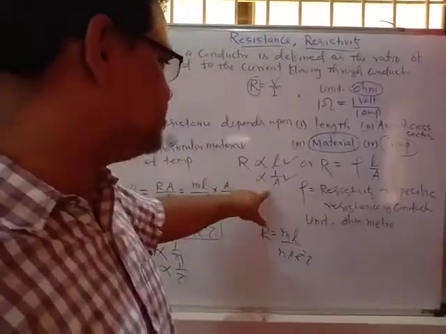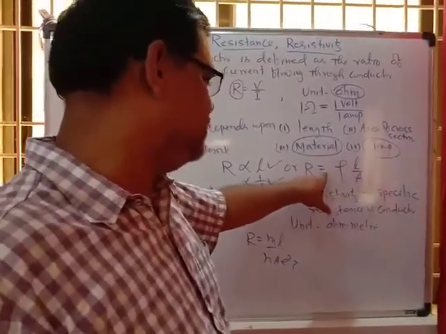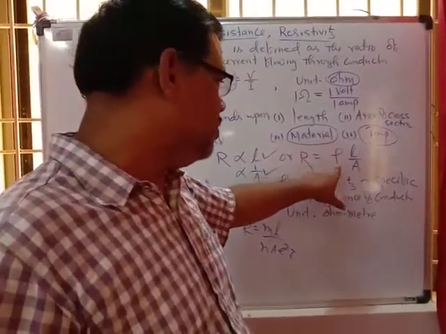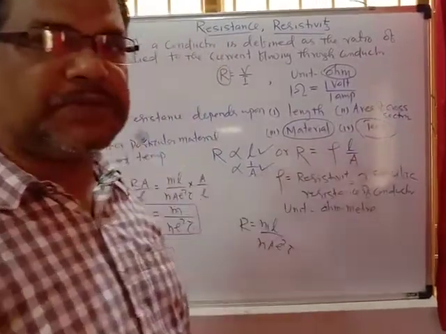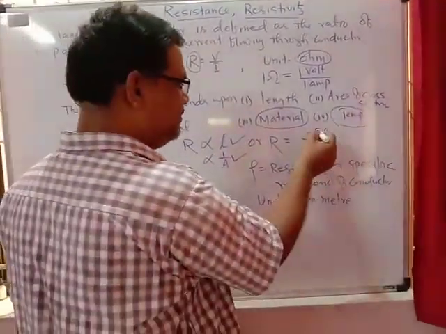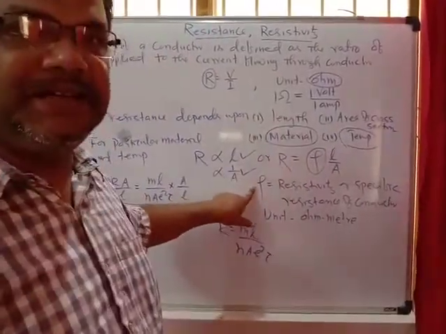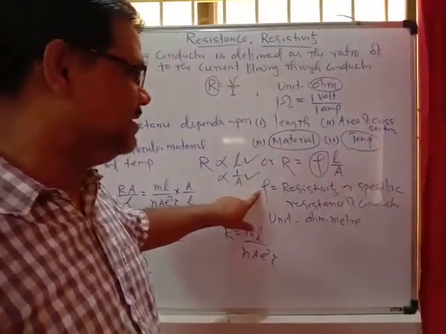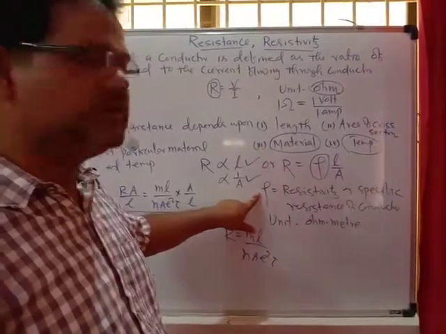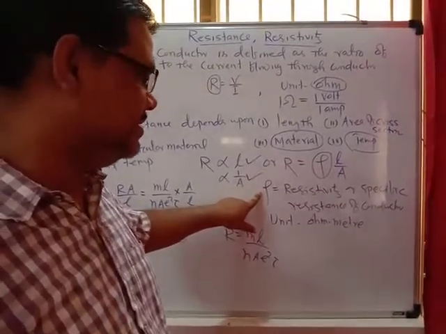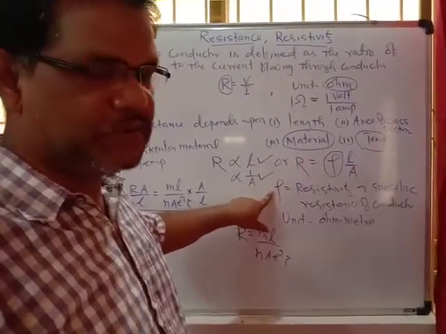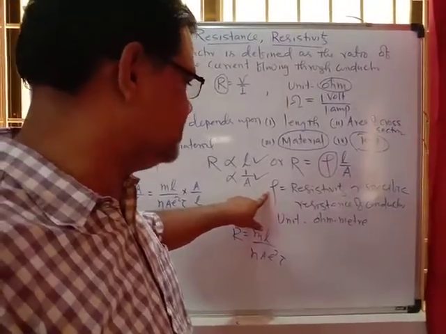If we combine these two, we find R equals rho L upon A. Another proportionality constant, rho, comes in. That rho is called the resistivity of the conductor, or the specific resistance of the conductor.